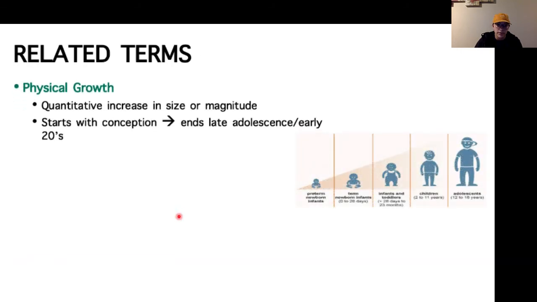Related terms to development that will come up within our class is physical growth. Okay, so this is a quantitative increase in size or magnitude, something that is measurable, right? Usually we start at conception and then physical growth will typically end late in adolescence, early in your 20s, kind of when you are done with your puberty phase.